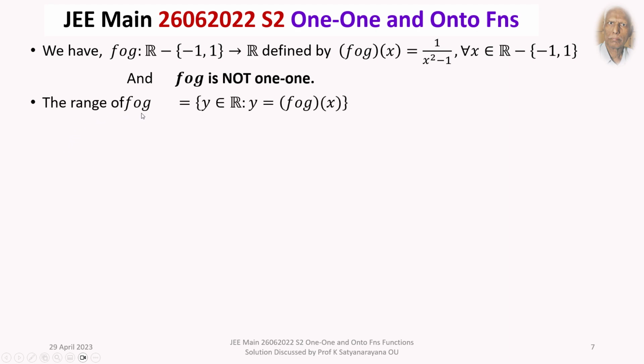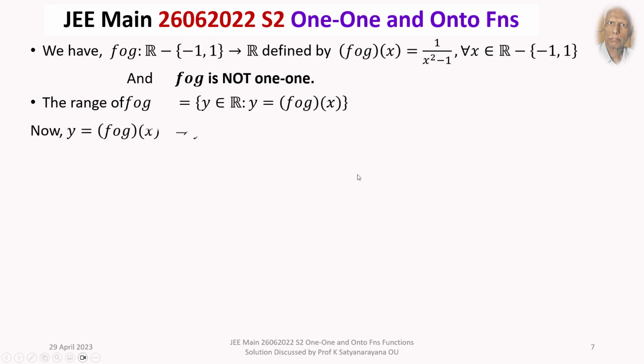The range of f composed g is equal to the set of all y belongs to R such that y is the image of x under f composed g. So x is from the domain R minus the set consisting of minus 1 and 1.